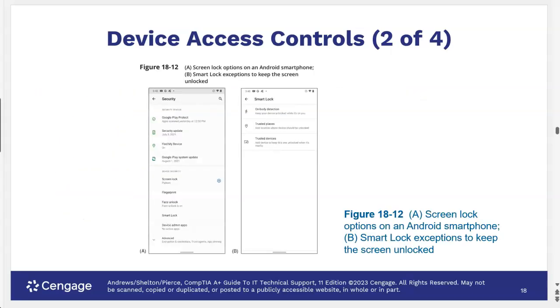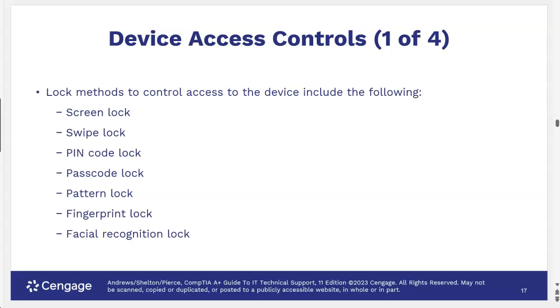So what kind of protection do you have on your phone to get into it? Well, there's a screen lock, swipe lock, PIN, passcode, pattern, fingerprint, facial. I have an Android, so I have a PIN code and I do the fingerprint. It's not two-factor authentication, but it does give me two different ways to get into my device.